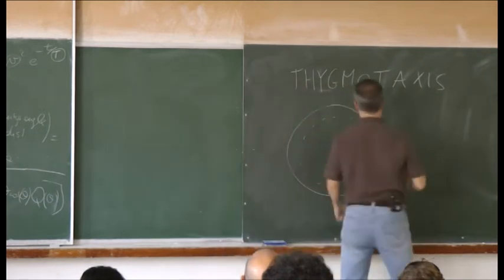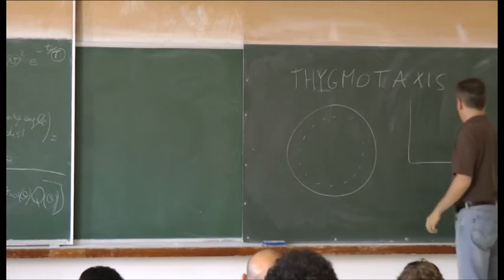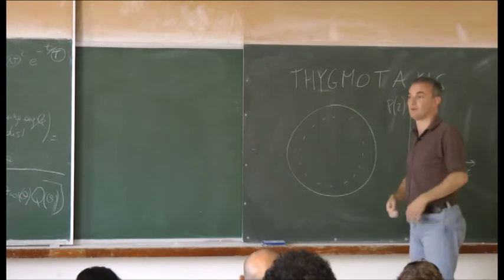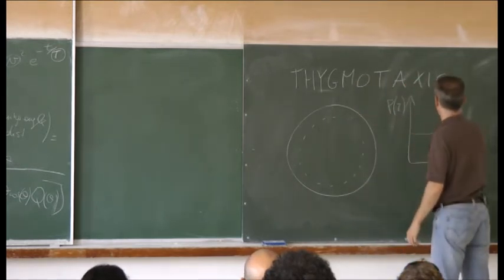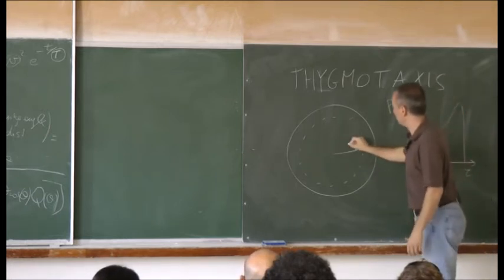If you plot the radial probability distribution for this experiment, P(R), where they've been after a very long time, what you see is something like this, and this is the value A, let's say.